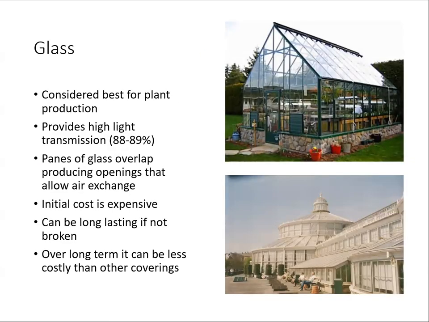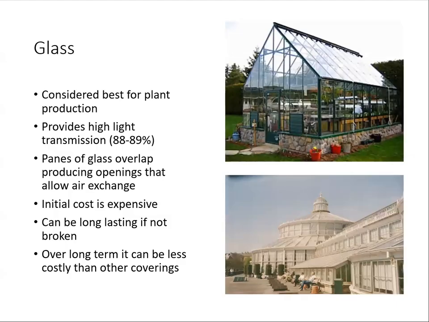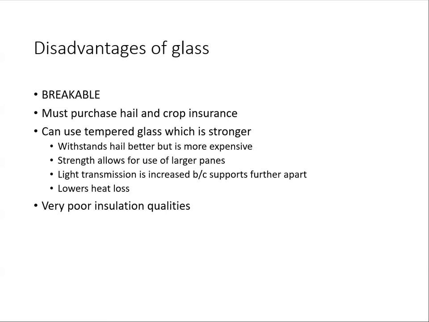So back to this structure, where you have all this structural framework, with a glass house the glass can be structural itself, so you can get much more expansive areas with less shading.